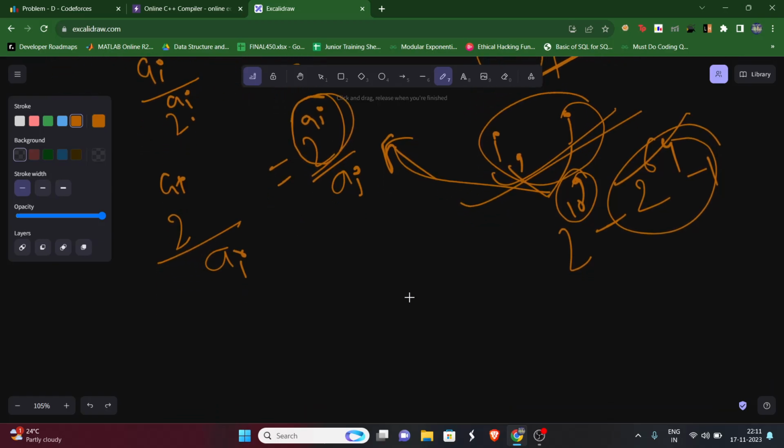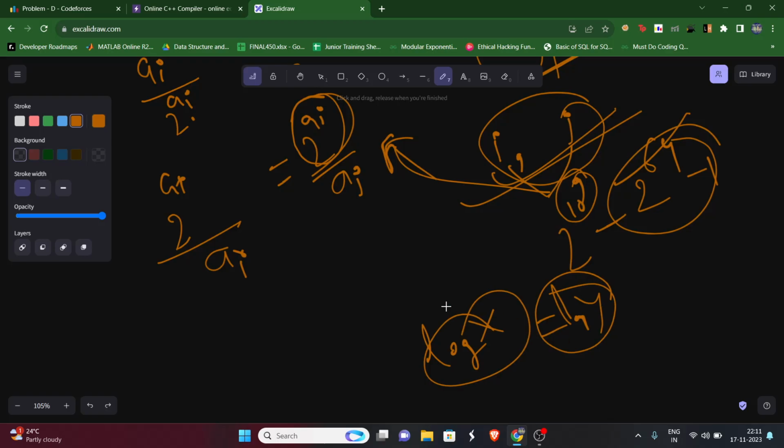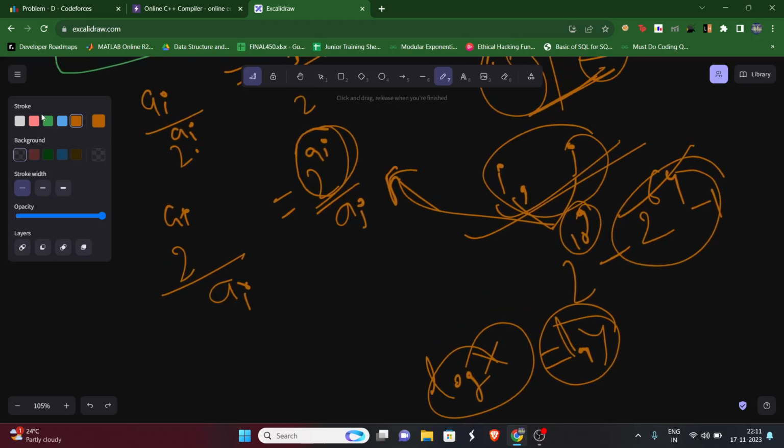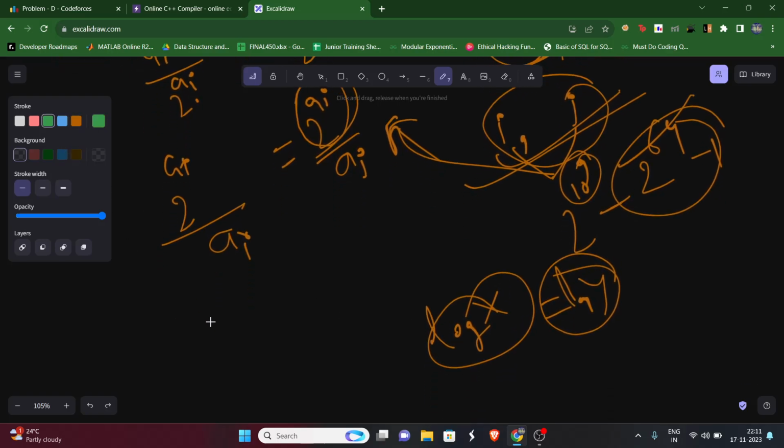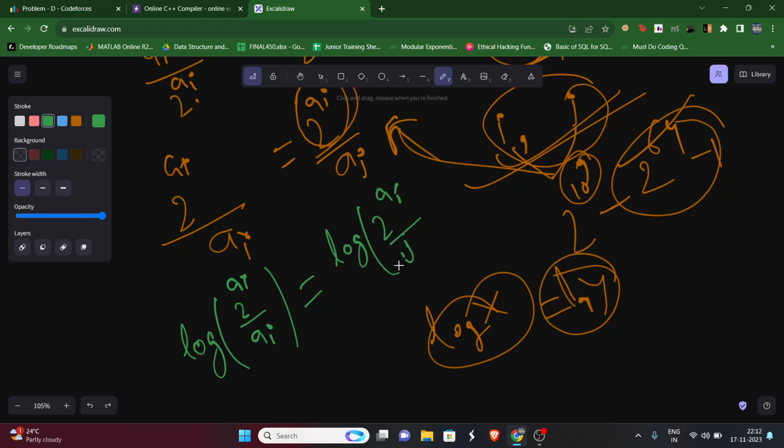We know that if x equals y, and we take log on both sides, it will remain the same. So we'll take log here. It will be log of 2 to the power a of i upon a of i equals log of 2 to the power a of j upon a of j.